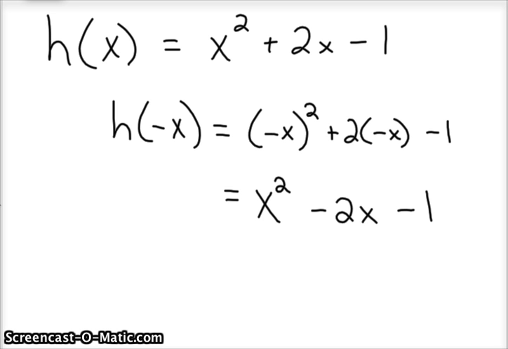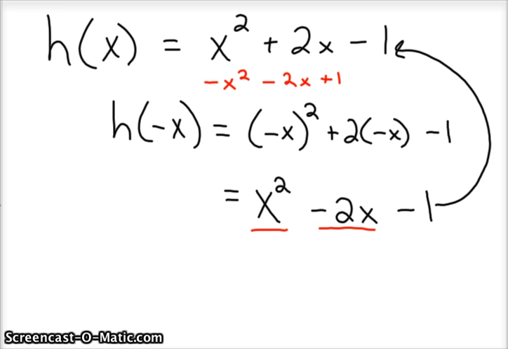So this would be a neither. If you look at the original equation, a negative version of that would have had to be negative x squared minus 2x plus 1. Essentially, change all the signs. Well, that didn't happen. We ended up with a positive x squared, a negative 2x, and the negative 1 stayed the same.